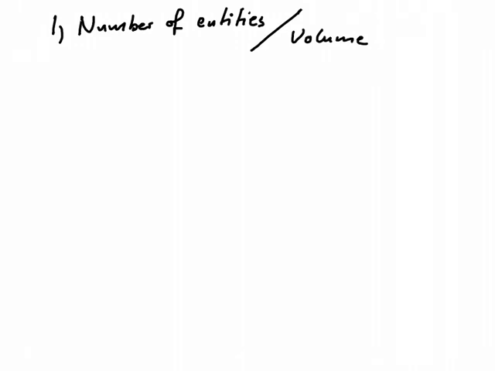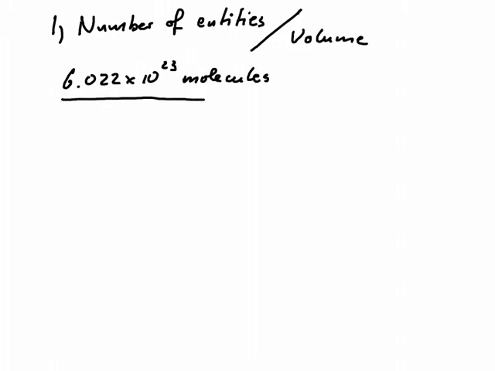One of these concentration definitions that we will come across very frequently is the number of entities per volume. So, for example, we might have 6.022 times 10 to the power of 23 molecules of a substance in exactly the volume of 1 liter. So here we have the number of entities and the volume, and that is a perfectly valid concentration.